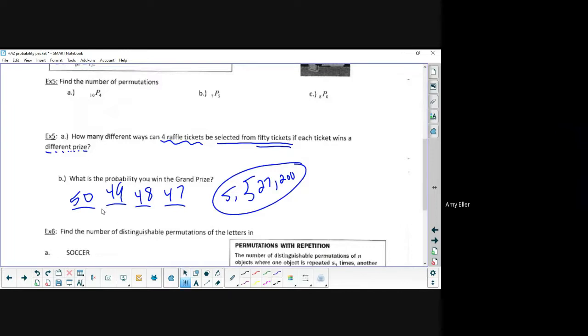Keegan, what'd you do? I put 50 and then the P 4. Very good. Yes. There are 50 to pick from. Order matters. That's why I pick permutation. And I'm going to only do 4 of them. 50 P 4 gives you the exact same number. Very good. Sorry, I put that under B, but that was actually part A.